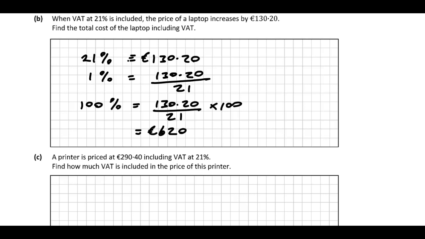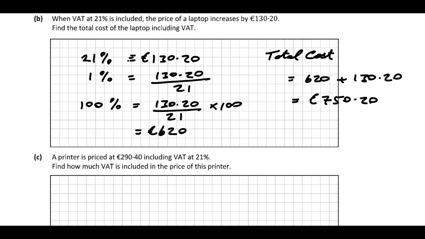This is the cost of the laptop before the VAT is added. So the total cost is going to be equal to the 620 plus 130.20, and that'll give us €750.2. That's the total cost. That's your answer there.